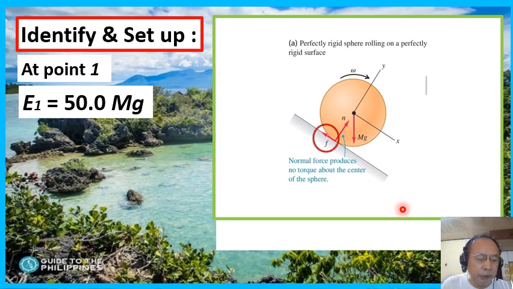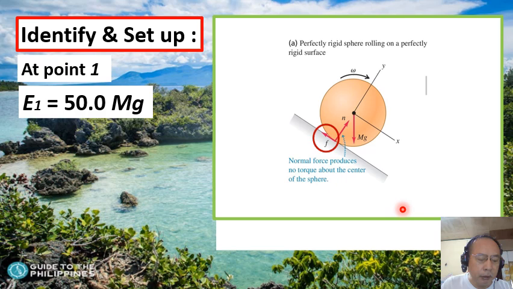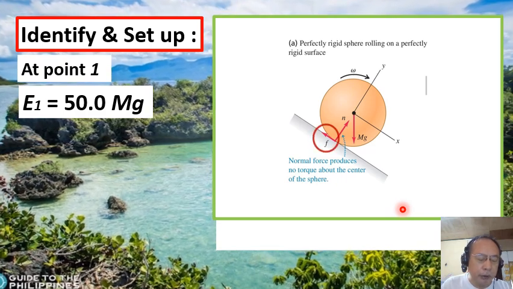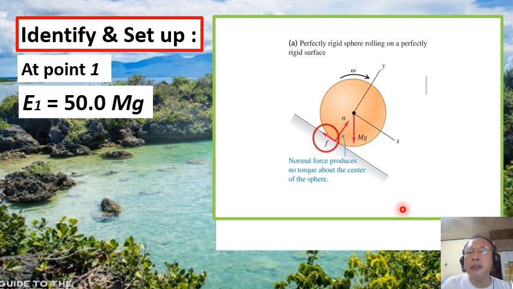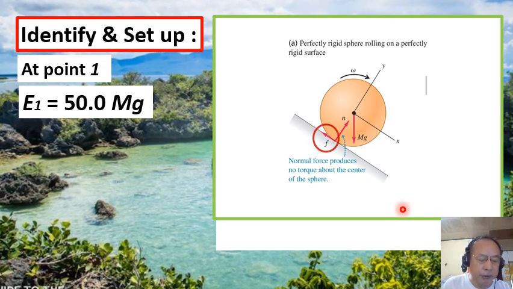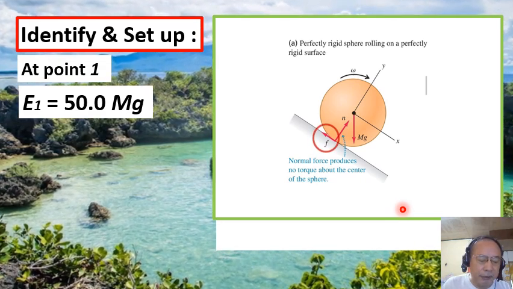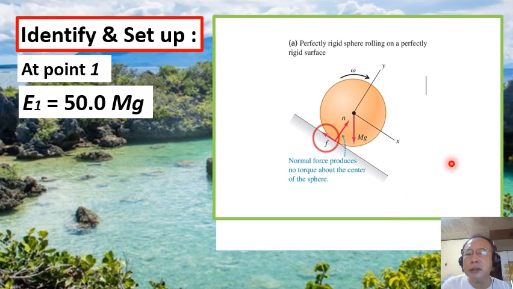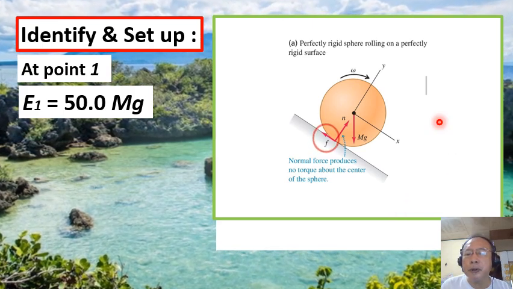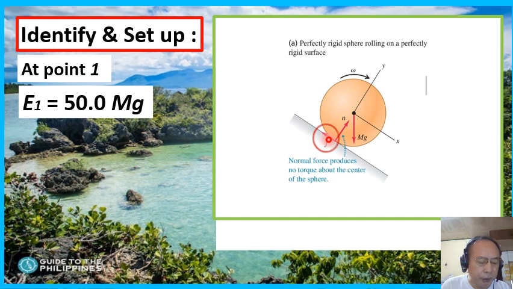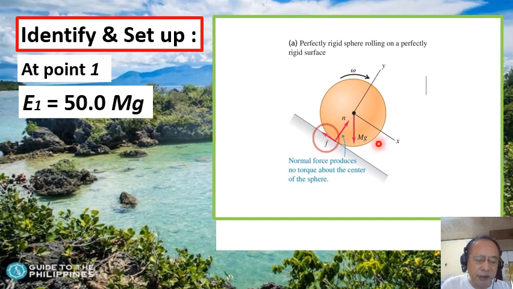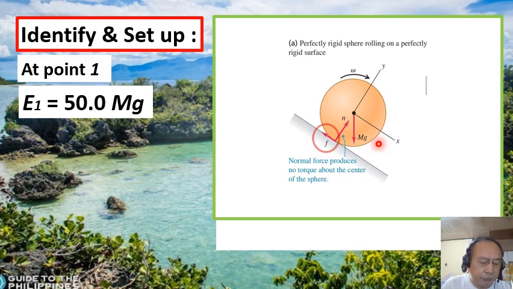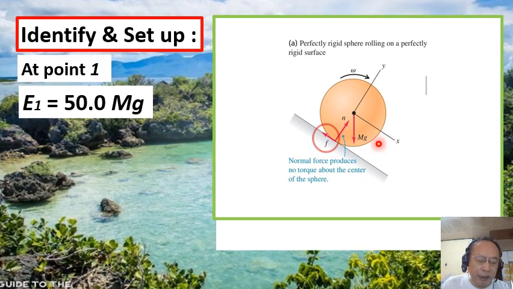When the boulder starts to roll without slipping down the rough portion of the hill, there is a friction force that must be acting on it, right? And the direction of this friction force is always such as to prevent slipping or sliding.